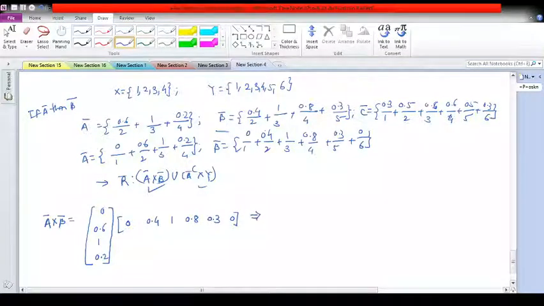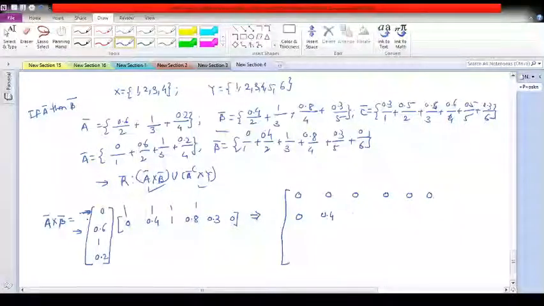So from that we have to use A cross B means minimum operator. So just simply as of matrix multiplication, multiply this row with all the columns and select the minimum. So it is 0, then this is also 0, third 0, 0, 0, 0. From second row with all columns, so 0.6 with 0, minimum is 0, 0.6 and 0.4, minimum is 0.4, 0.6 and 1, minimum is 0.6, 0.6 and 0.8, minimum is 0.6, 0.3, minimum is 0.3, and 0.6 with 0, it is 0.